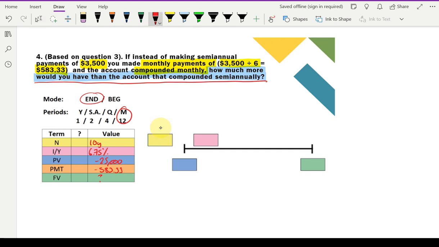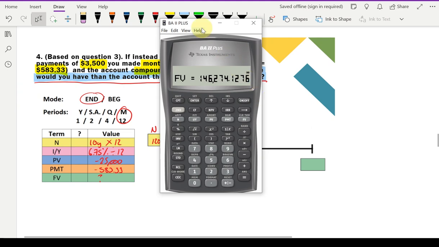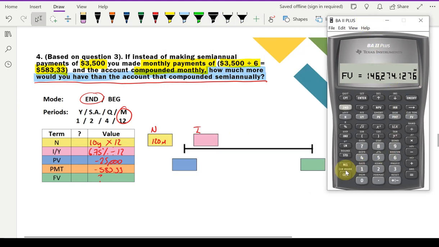Now, these periods and the interest need to be on a monthly basis. Right now they're in years, so we're going to multiply 10 years times 12, and divide the interest by 12 to get it in monthly. So we have 120 months. The interest is 6.75 divided by 12, which is 0.5625% per month.